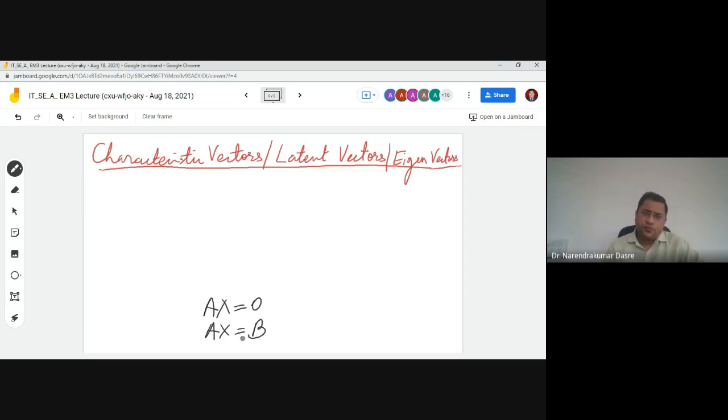Now we need to solve this system again, and the solution is going to be the eigenvector or latent vector. But what system do we have? First we need to understand. Let lambda be the eigenvalue of the square matrix A.